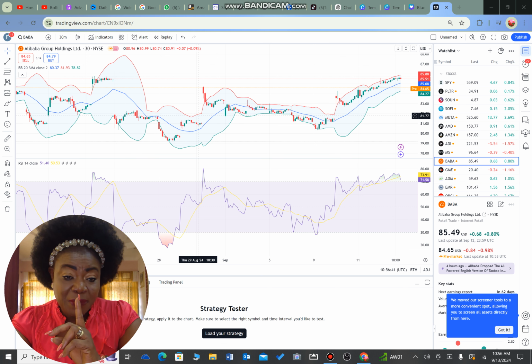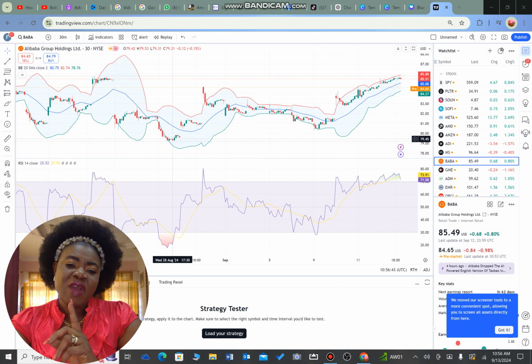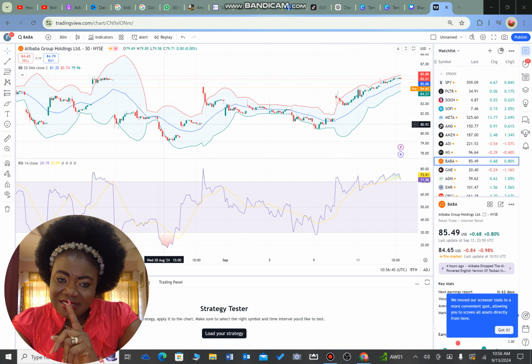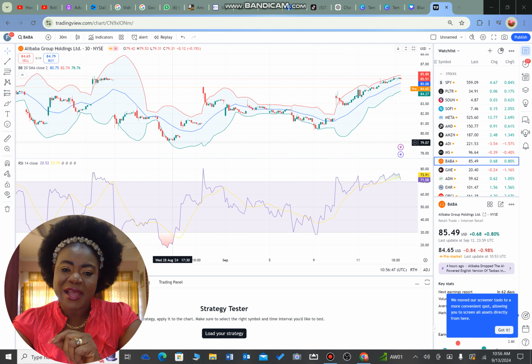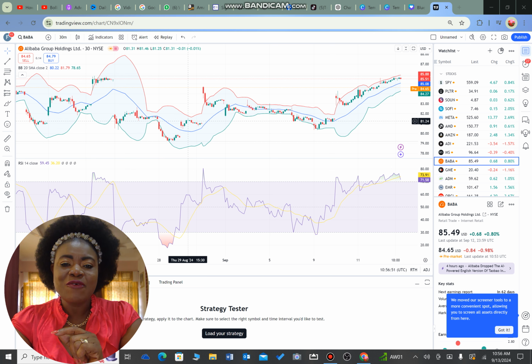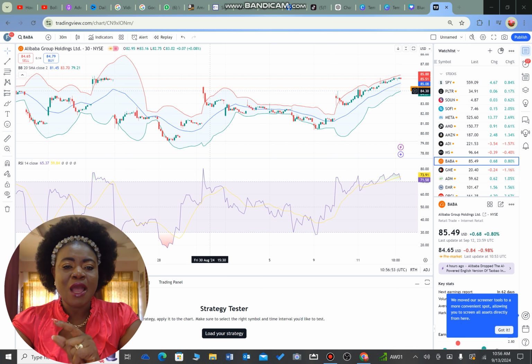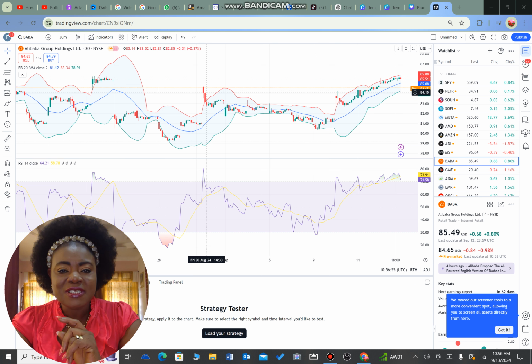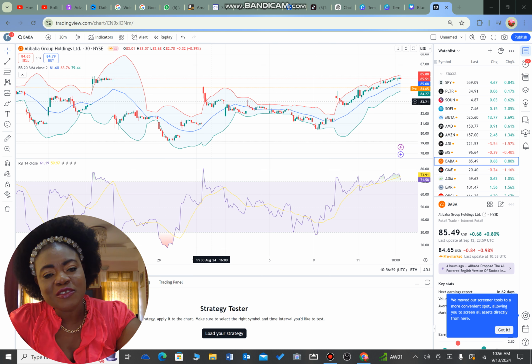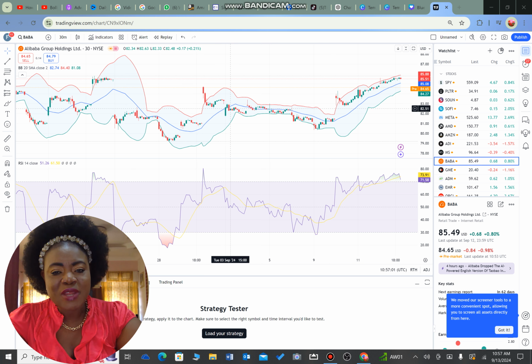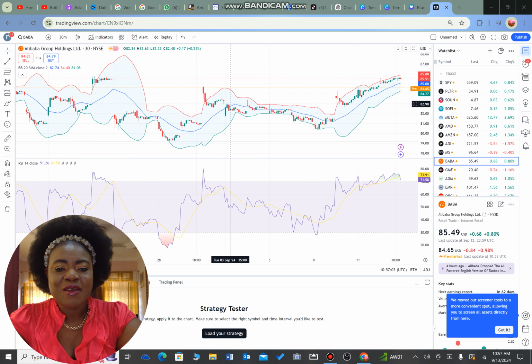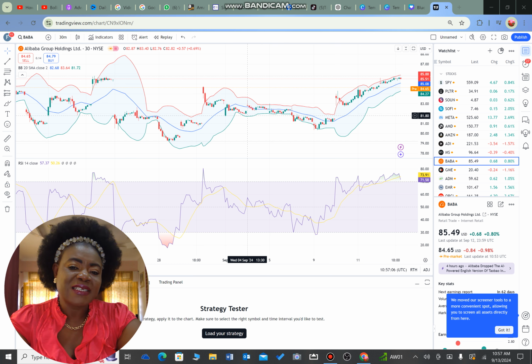Whenever the price touches the lower band, it will bounce back, right? And when it hits the upper band, it cannot stay beyond the upper band for a long time. It has to reverse back inside the band to the moving average, and then possibly go back down to the lower band.